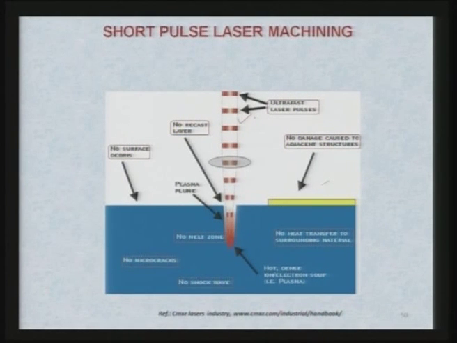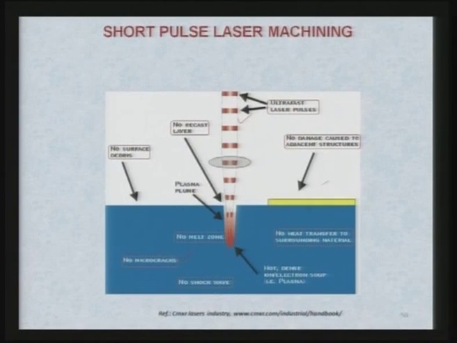So, you can clearly see the difference in the short pulse and long pulse lasers. Now, there is no recast layer seen over here, and no melt zone is visible, no micro cracks are there, and heat affected zone is also not shown over here, and there is no damage, no surface debris on the top of the surface or machined surface.